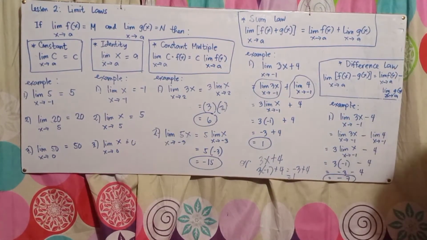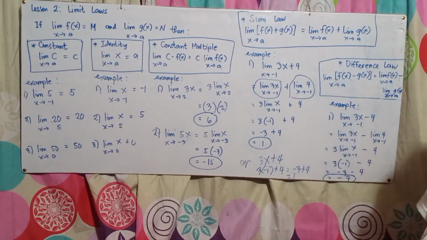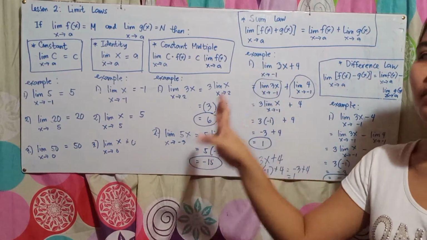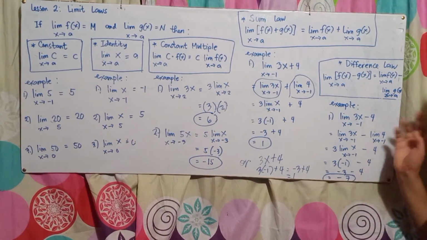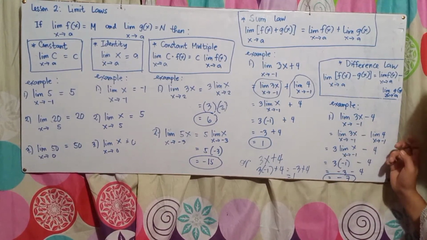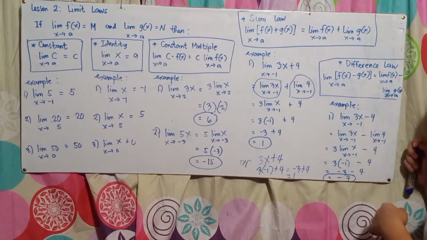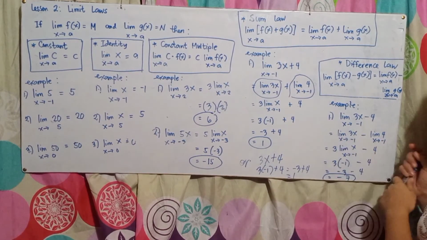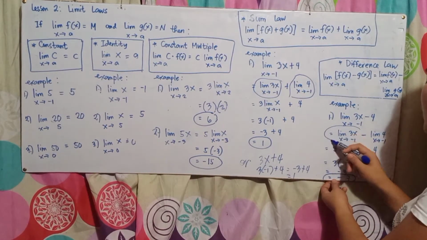Okay, next is the difference law. O same process lang siya sa sum, mag-differ lang siya sa sign na gigamit. Since ang sum nagamit og add, ang difference magamit og minus. Okay, sa example, limit of 3x minus 4 as x approaches to negative 1. So, same. Gamit ka diri og constant multiple.